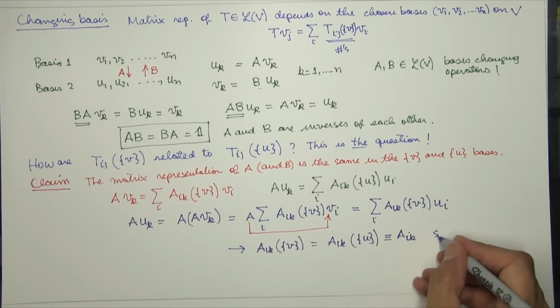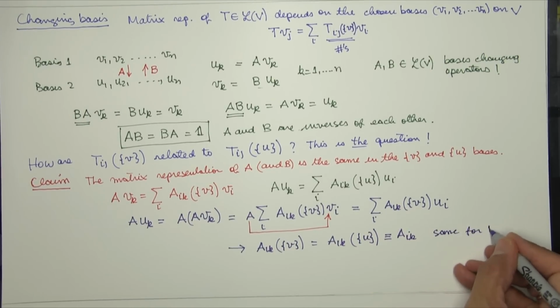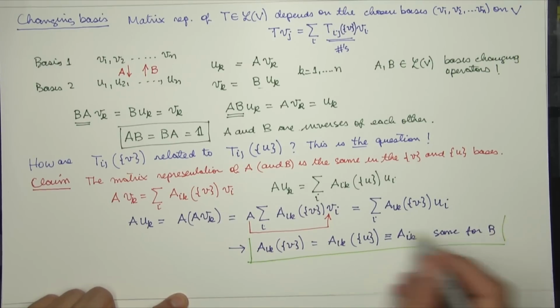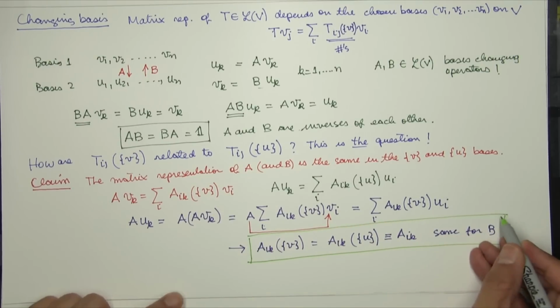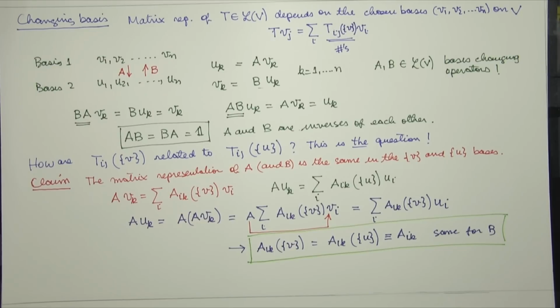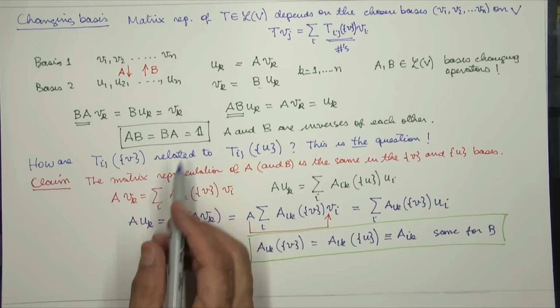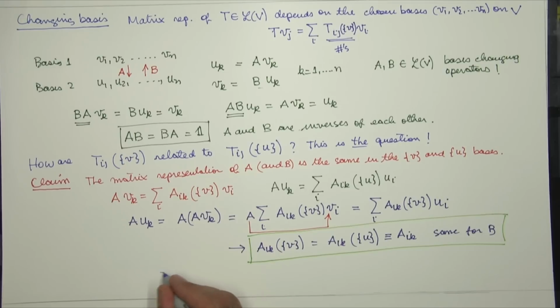And the same for B. So these are nice relationships. We'll box them. And in the same spirit, since we have that A and B are inverses of each other, we would write that B_ij A_jk is equal to delta_ik when you sum over j.